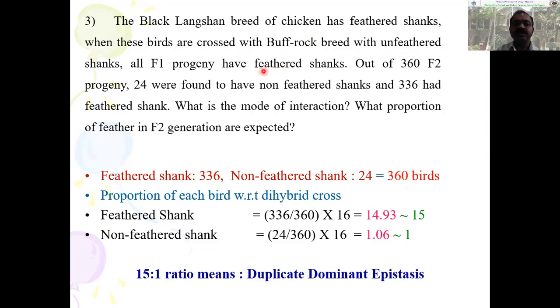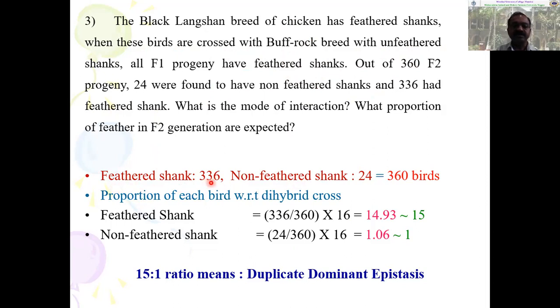The F1 progeny were feathered shanks, and when these were mated among themselves, the F2 were predominantly feathered shanks. So let's see what is the proportion of feathered versus non-feathered shanks.